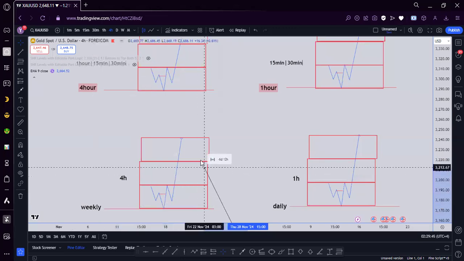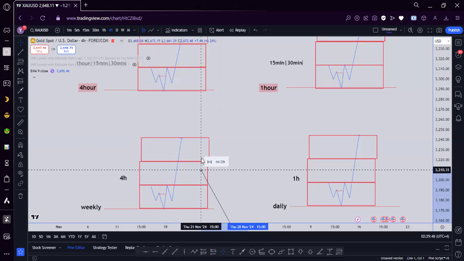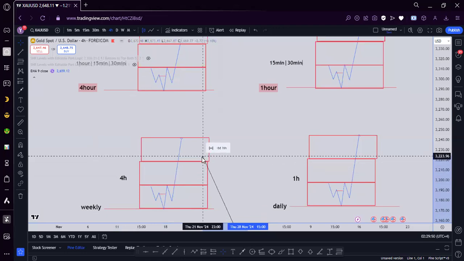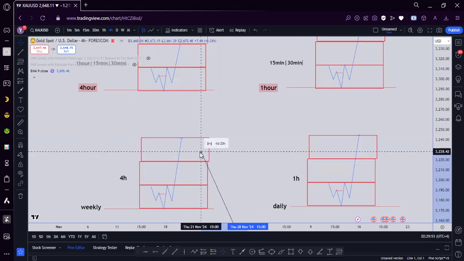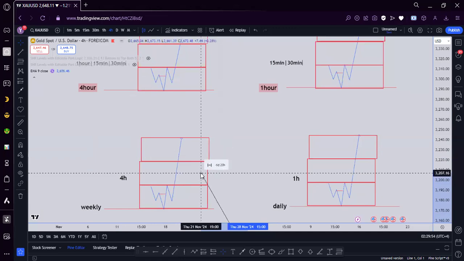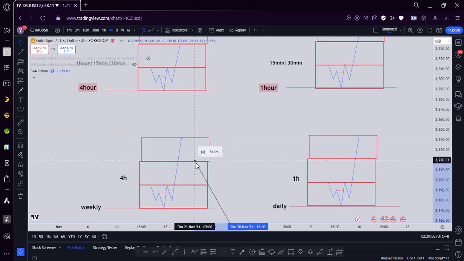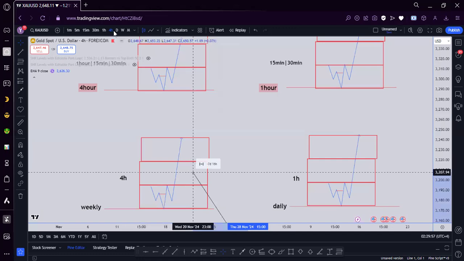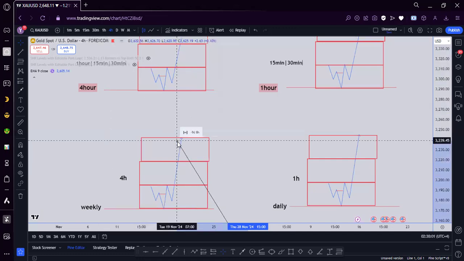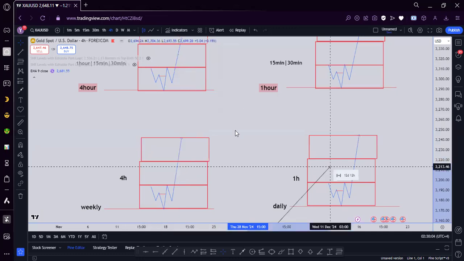we will take the continuation setups that we have learned in the past videos, based only on the 4-hour and the 1-hour levels with its rules. The same with the daily.